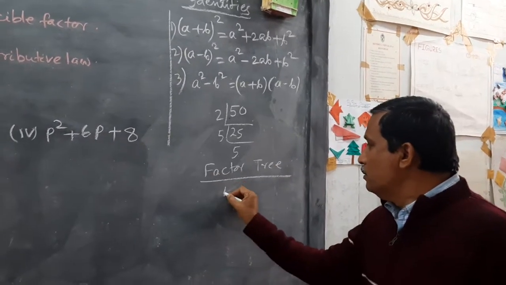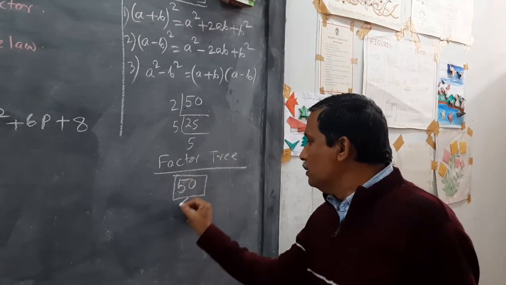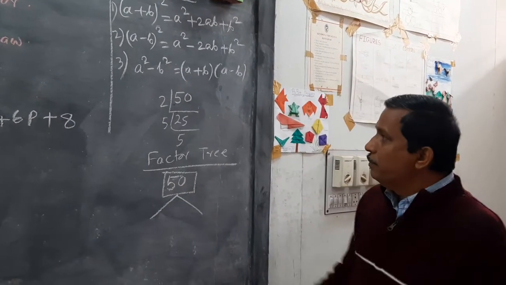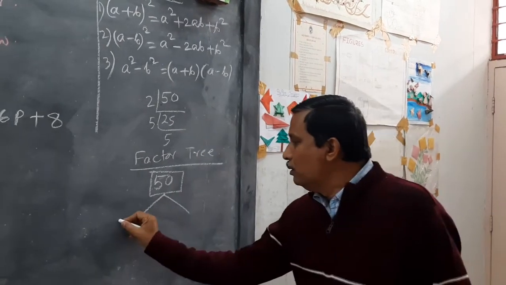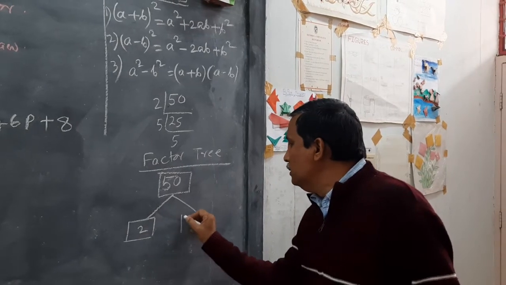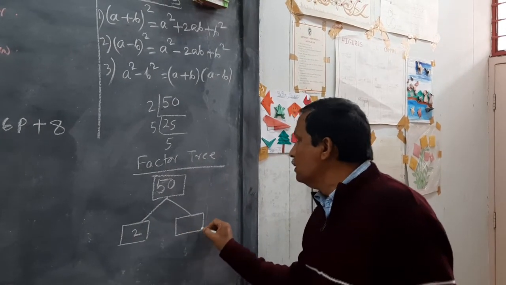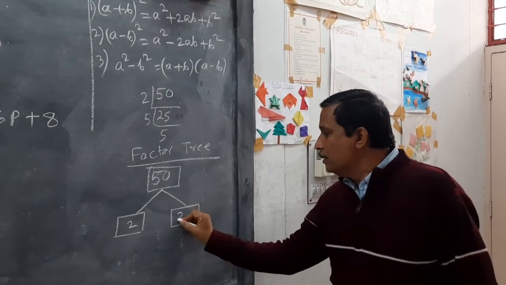So first you take 50. When you are factorizing, you are dividing by 2. So this will be 2 and the next term will be 25, because 2 into 25 is 50.